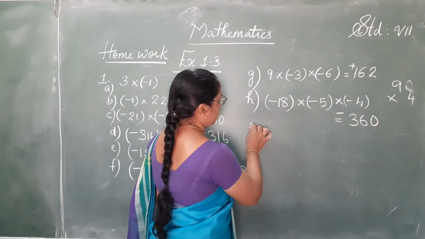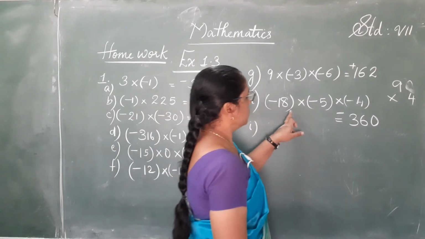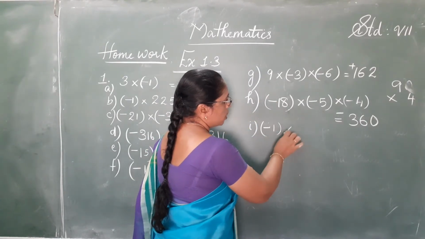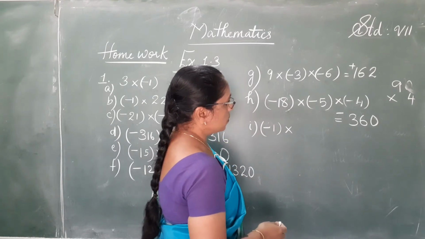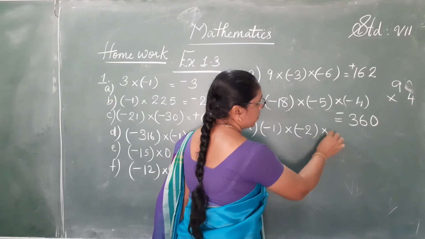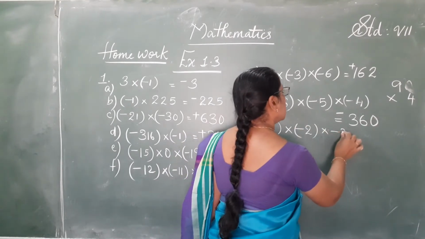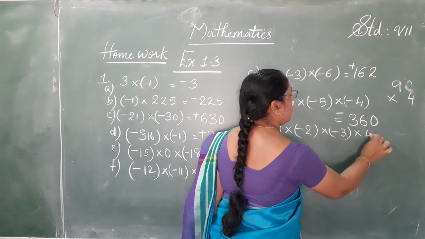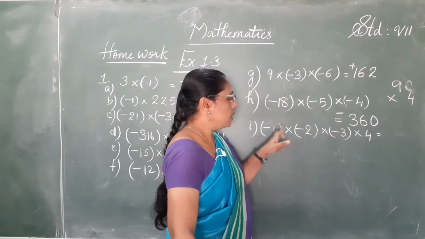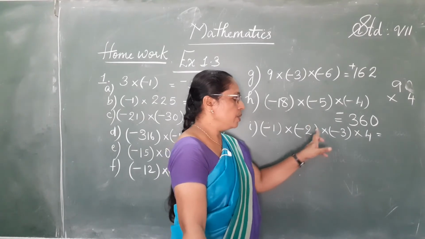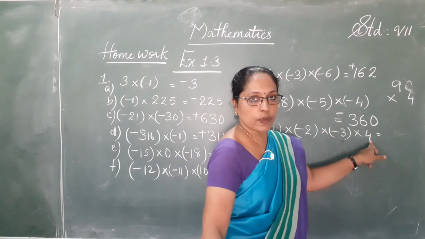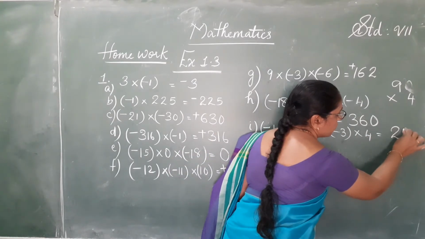Next question is negative 1 into negative 2 into negative 3 into positive 4. First let's multiply the numbers: 1 into 2, 2 into 3, 2 threes are 6, 6 into 4, 6 fours are 24.